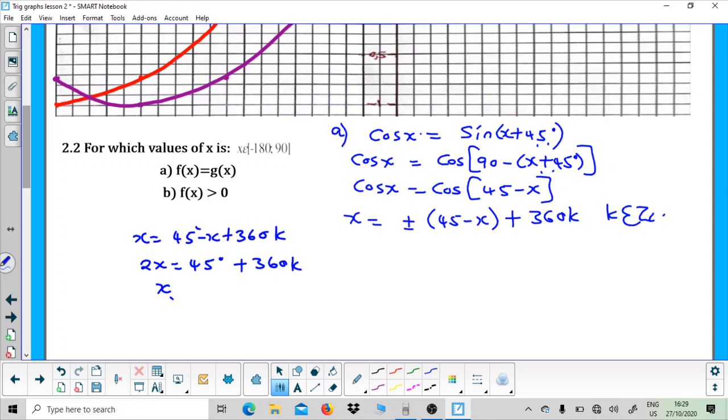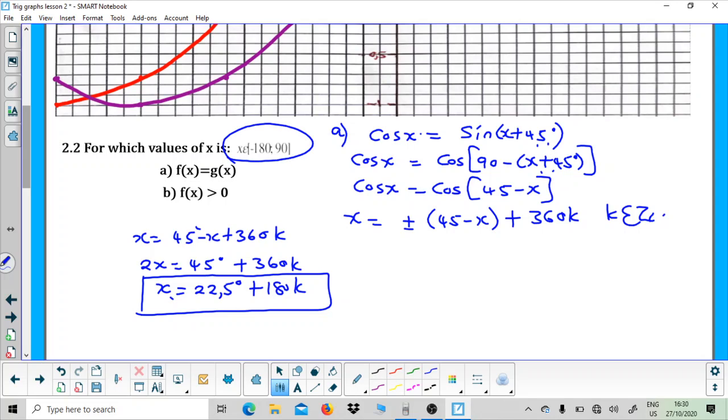Now if I divide by 2, then I'll get 22.5 degrees plus 180k. So this right here is a general solution we are going to use to calculate those points of intersection. We normally do it when we are calculating equations, but it's the same thing here. We also have our domain we have to take care of and then see what we're going to get.